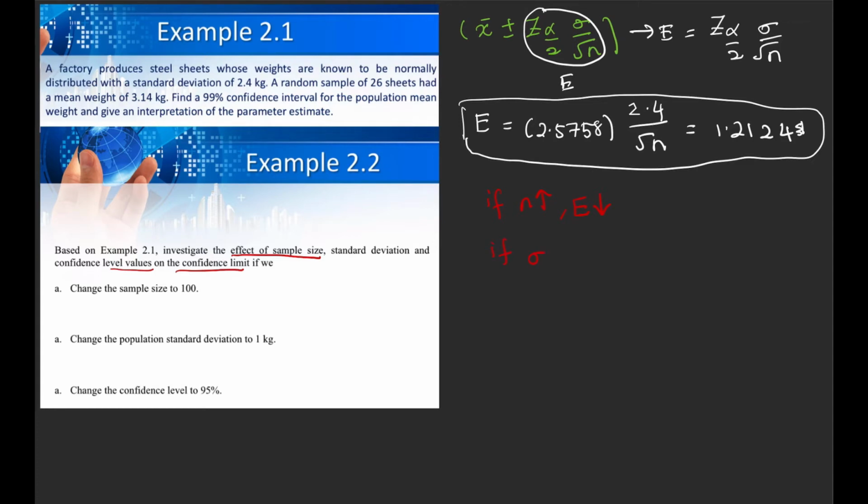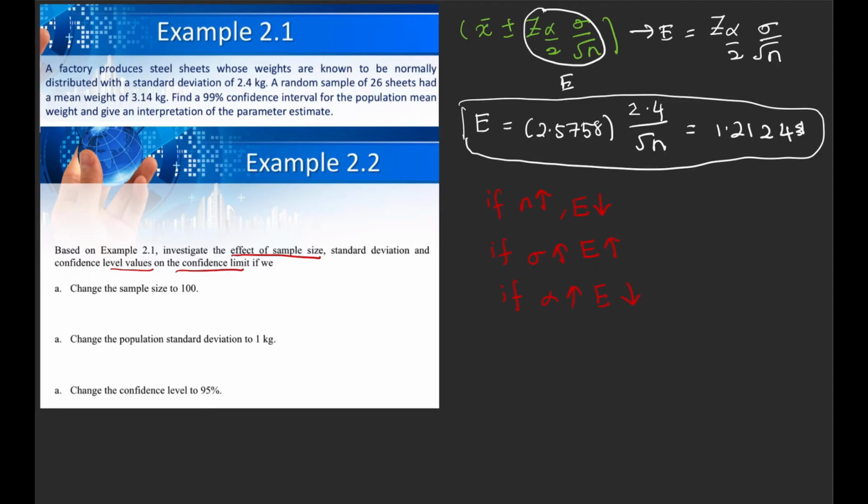If your sigma is increased, E will increase. If your alpha is increased, E will decrease.